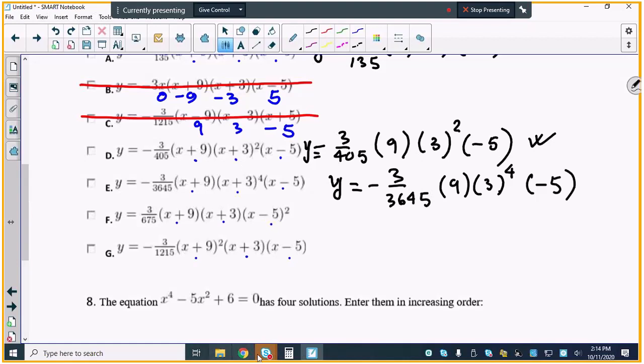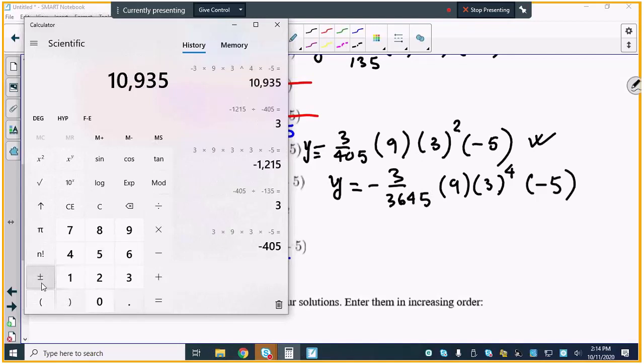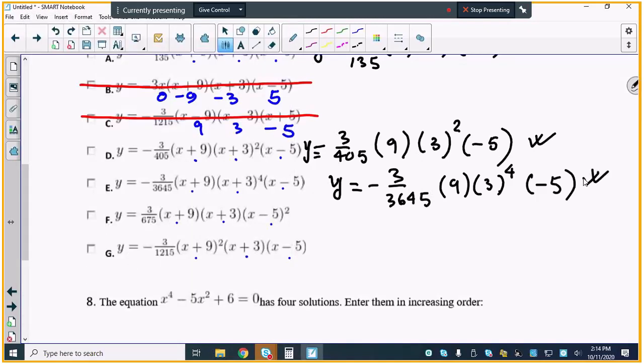You can use this minus in front on the top as well. So instead of calling it 3, I can call it a negative 3 and then multiply 9. And then remember, I'm multiplying 3 to the power 4. And finally, we're multiplying negative 5. So that is the top, and the bottom this time is just going to be 3645. So I divide by 3645. I still get 3. So this is also a nice competitor.